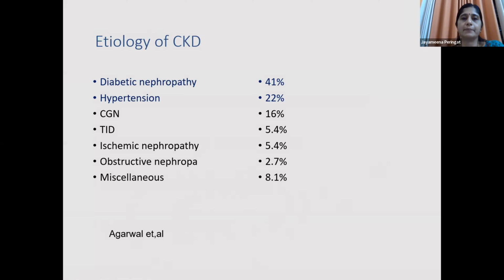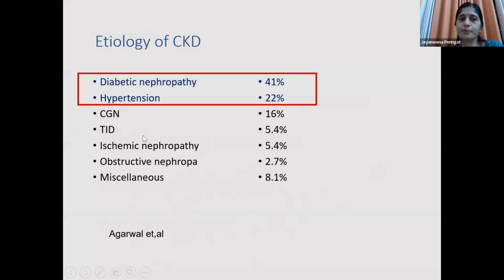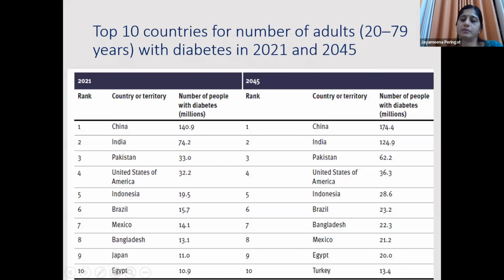Here you can see diabetic nephropathy constitutes 41% of the etiology of CKD and hypertension 22%. The rest are of fewer numbers. Among the top 10 countries with diabetes, China, India, and Pakistan are at the top of the list.